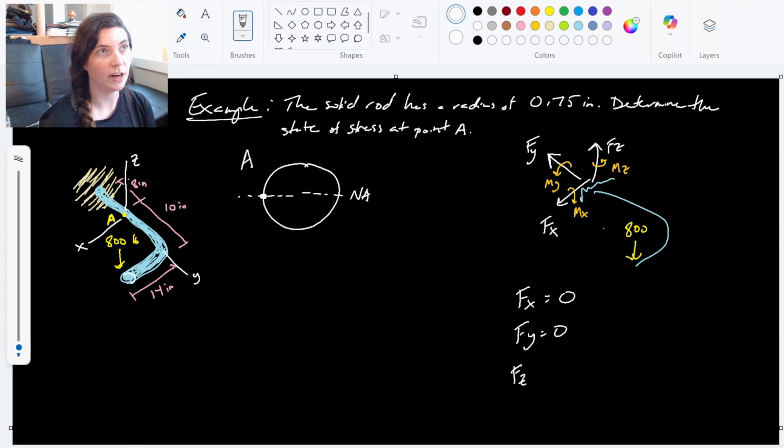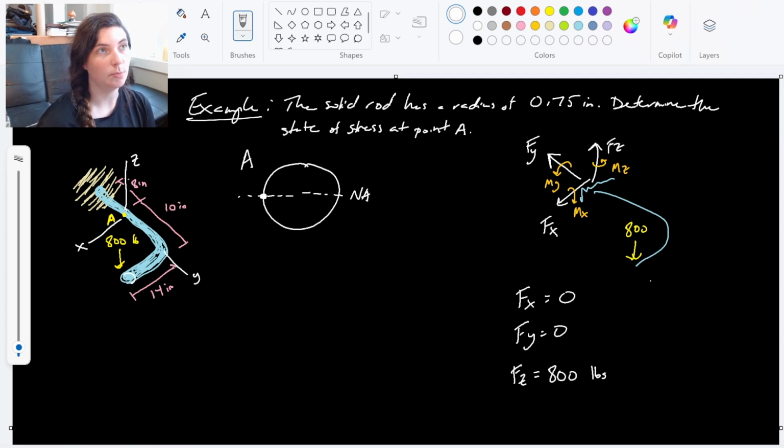So when we solve for Fz, we can see we have an 800 pounds going down. So Fz must be 800 pounds going up. We can set up the whole equilibrium equation and solve it, or we can just see it's the only force there. There's an Fz in the positive z, there's 800 in the negative z direction, so the Fz has to be 800 pounds.